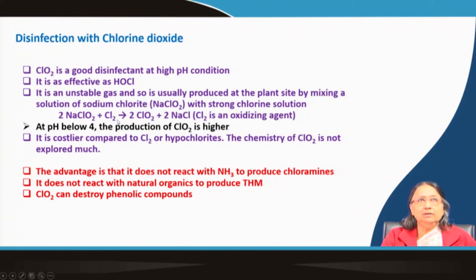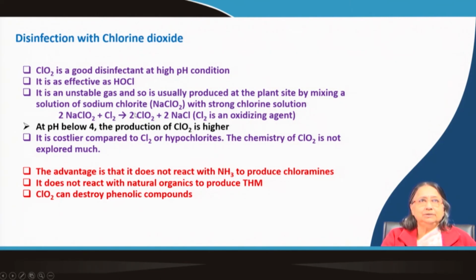Chlorine is an oxidizing agent. In NaClO2, you can see the oxidation state is +3. So, +3 state to +4 state. This is oxidation, chlorine is being oxidized. It is done by mixing a solution of sodium chlorite, NaClO2, with strong chlorine solution.